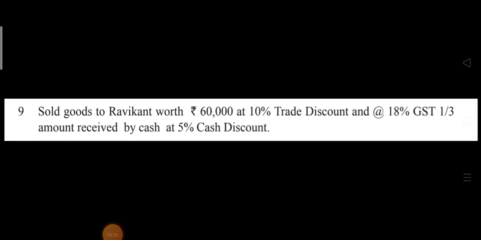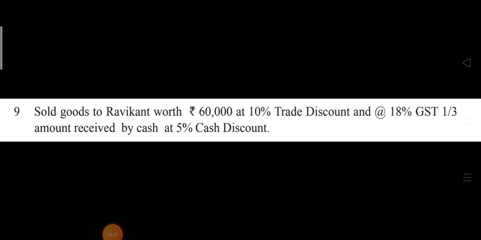On 9th of April, sold goods to Ravikant worth rupees 60,000 at 10% trade discount and at 18% GST. 1/3 amount received by cash at 5% cash discount.